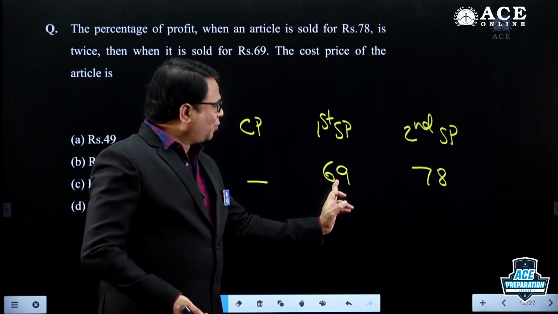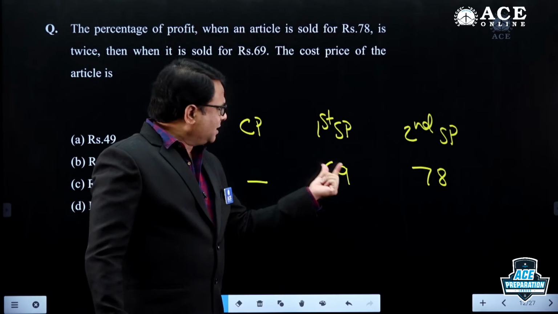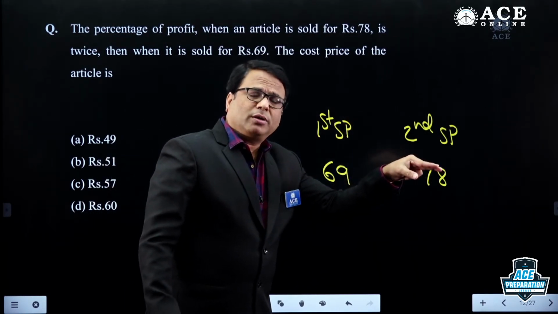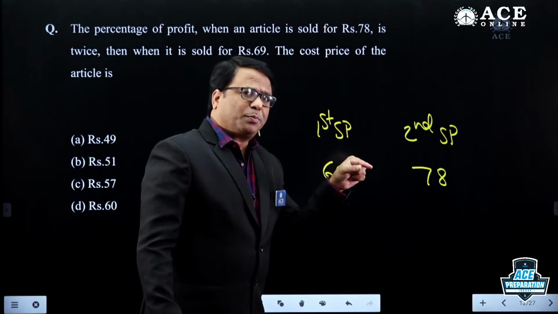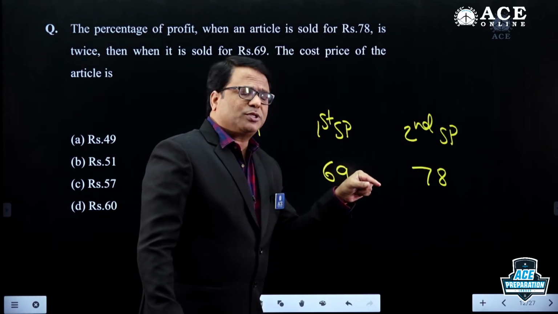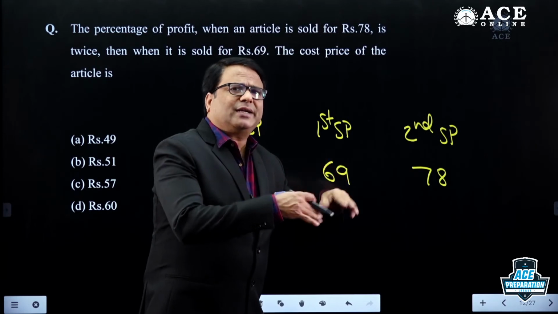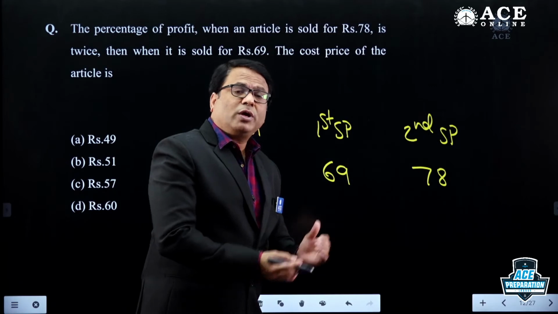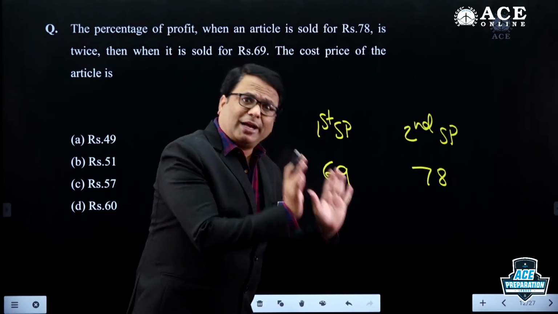First time he sold it for 69, second time he is selling it for 78. That means he is selling it for 9 rupees more, and his profit is getting doubled. That only means in the first case also, he sold it for a profit of 9 rupees.